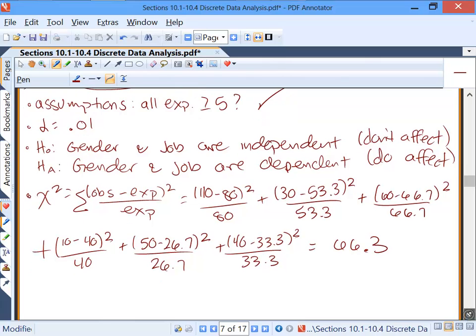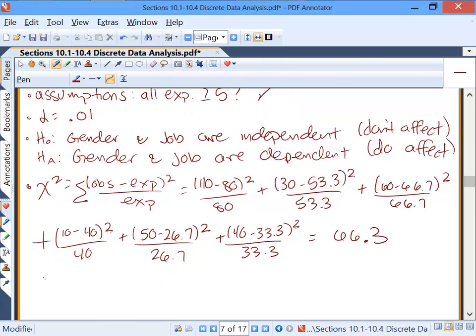So we found that our test statistic is 66.3.